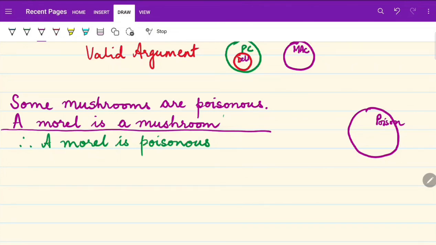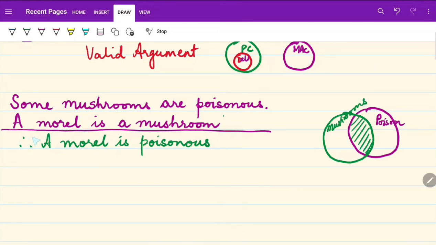So there's going to be a circle for mushrooms, but that circle is going to partially intersect poisonous elements because not all mushrooms are poisonous, only some mushrooms are. So here I will draw my circle for mushrooms partially intersecting with poisonous things. All right, so here I have my mushrooms, the circle for mushrooms.